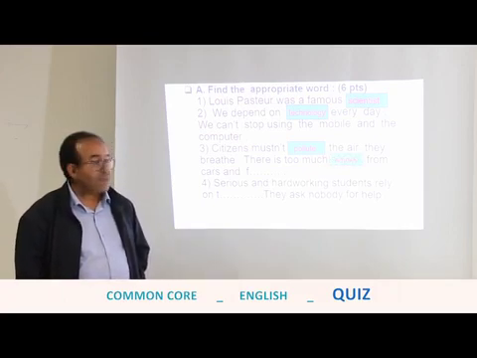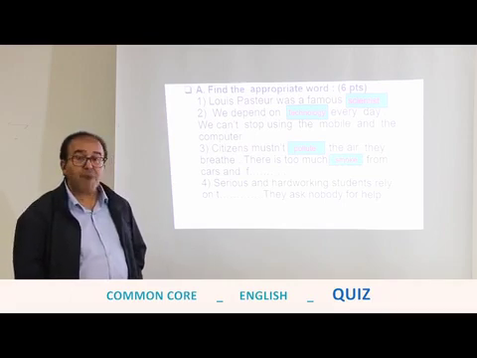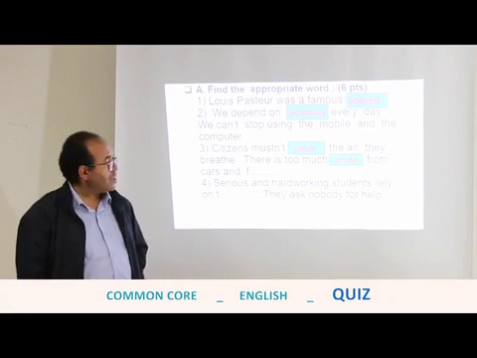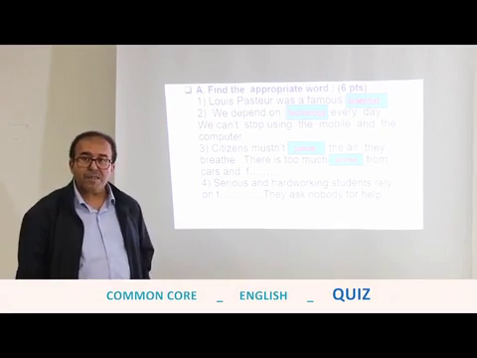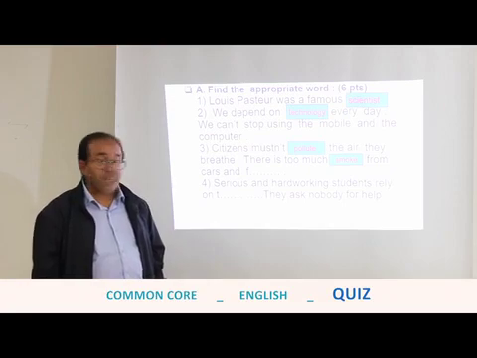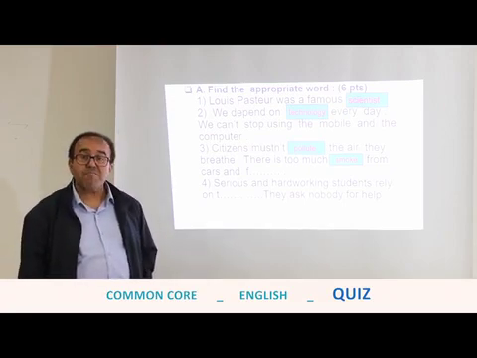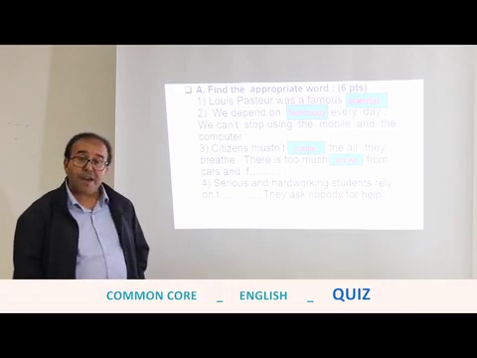So smoke comes from cigarettes. So there is too much smoke from cars. Now cars emit, cars pollute the air we breathe. So there is too much smoke from cars.